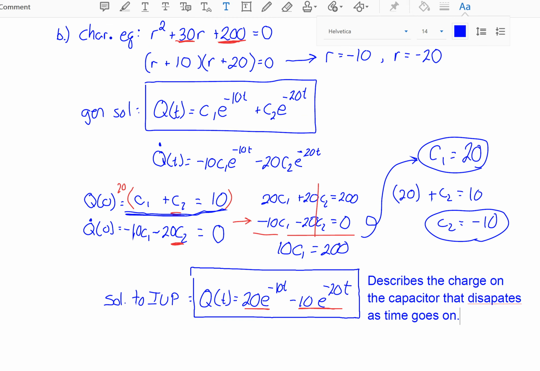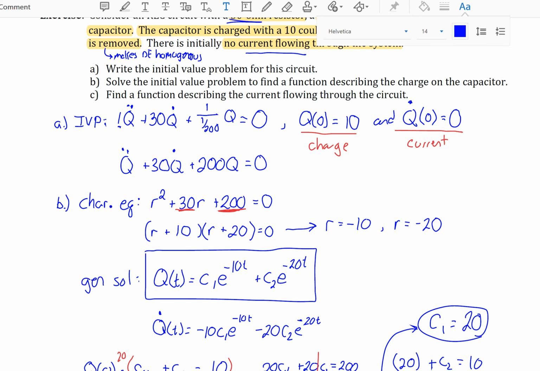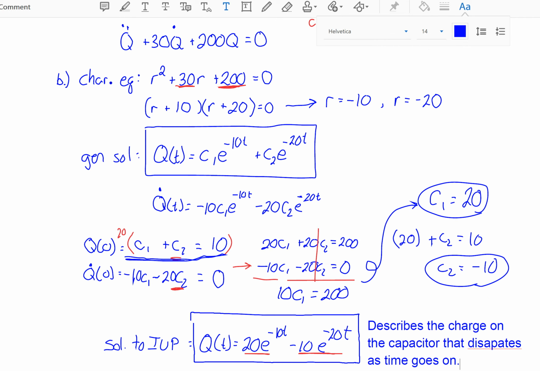Okay, there's one more part to this question, part C, which was to find a function describing the current flowing through the circuit. So here you remember that current is the rate of change of your charge.